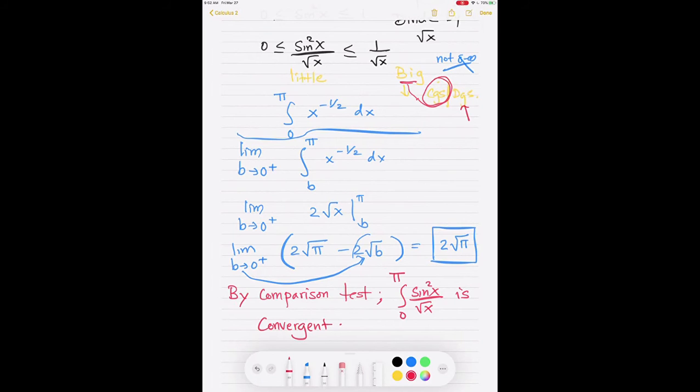Once you build that relation, who is big and who is little, then you need the right sort of verdict to use the comparison test. If we don't get the right verdict here, then the comparison test doesn't give you any answer. Does that answer your question?